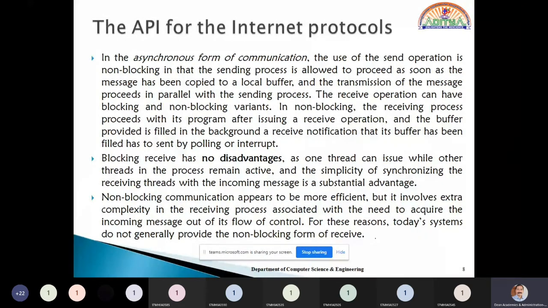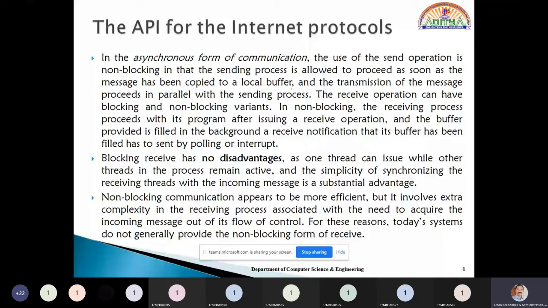So in synchronous communication, for each block of message that is passed through the communication, the sender is blocked until it is received at the receiving end. But in asynchronous form of communication, the way of dealing is somewhat different. The use of the send operation is non-blocking in the sending process, and the sending process is allowed to proceed as soon as the message has been copied to the local buffer.